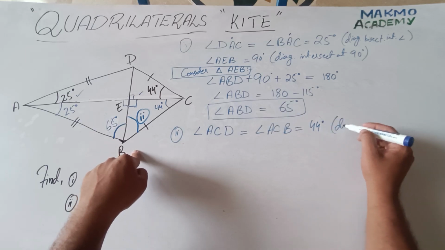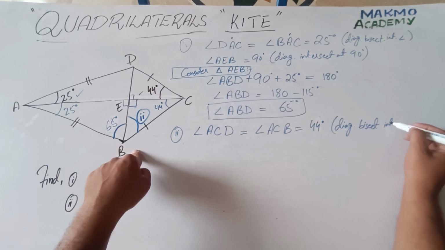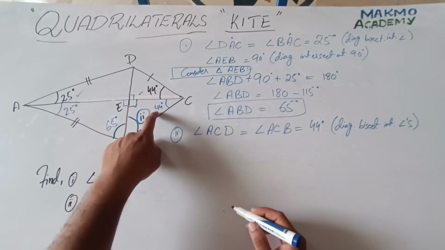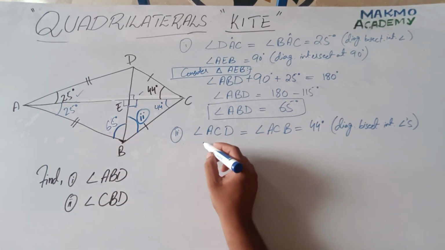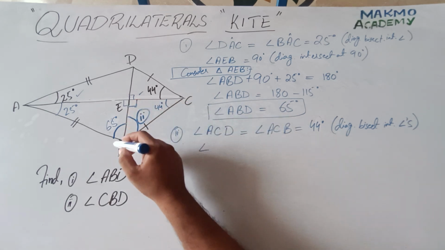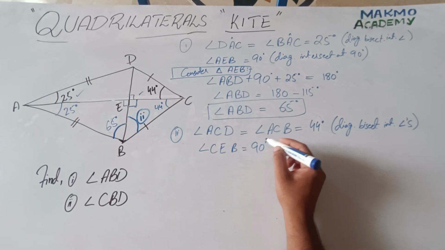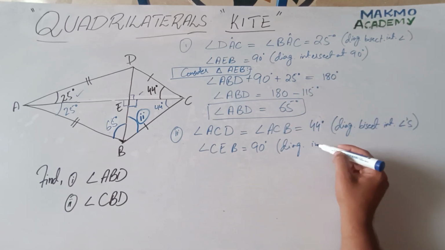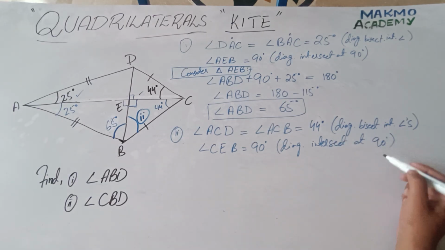Again, the reason is the same, diagonal bisects interior angles. I have mentioned the reason why I have written 44 over there. And now I will say that angle CEB is equal to 90 degrees, diagonals intersect at 90 degrees. So I have mentioned this reason as well.